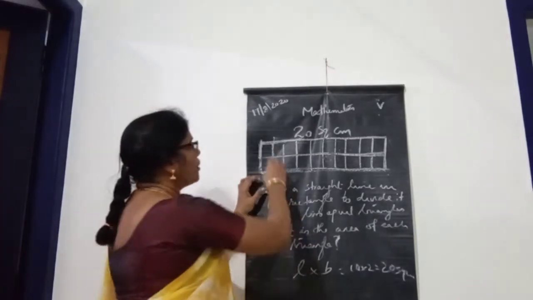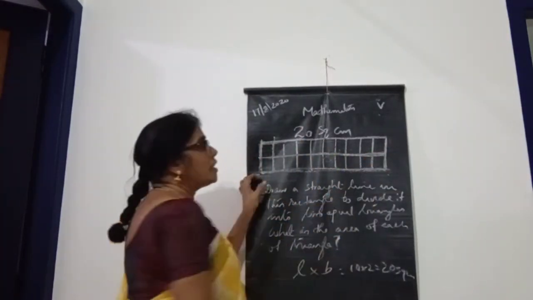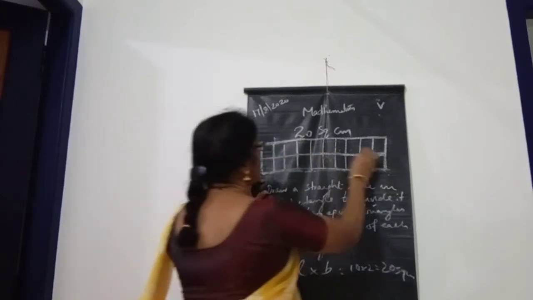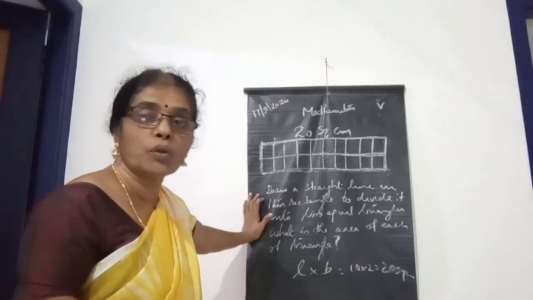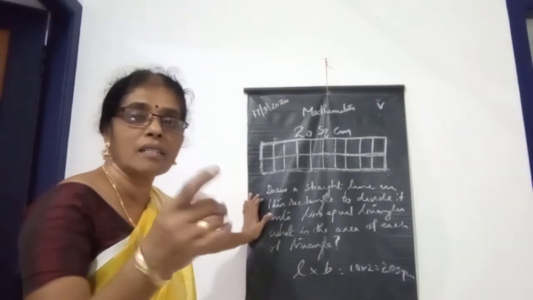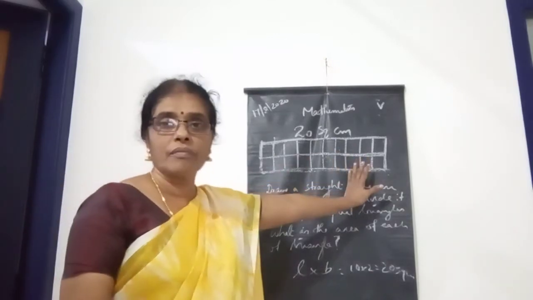Yes, when we draw this line, look here, this rectangle divides into two equal rectangles. But we want to divide this rectangle into two equal triangles by drawing a straight line, isn't it?